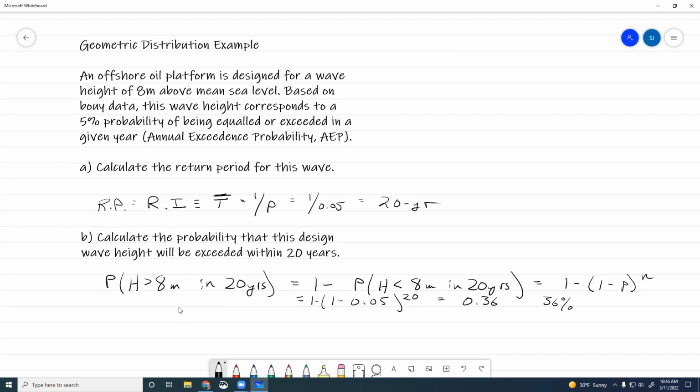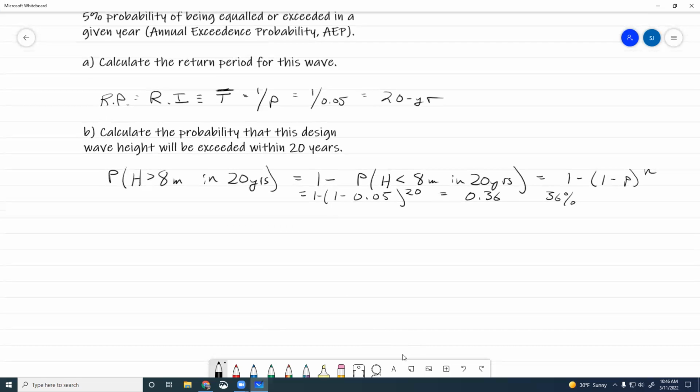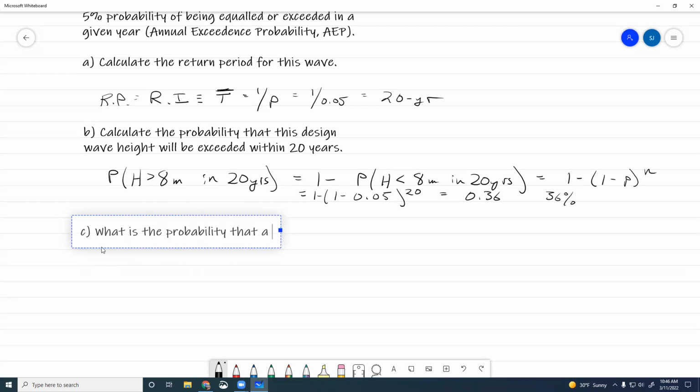Now we can do another one that's a little more involved. Let's calculate the probability that a wave height that exceeds 8 meters, the design wave, will occur after the 3rd year.